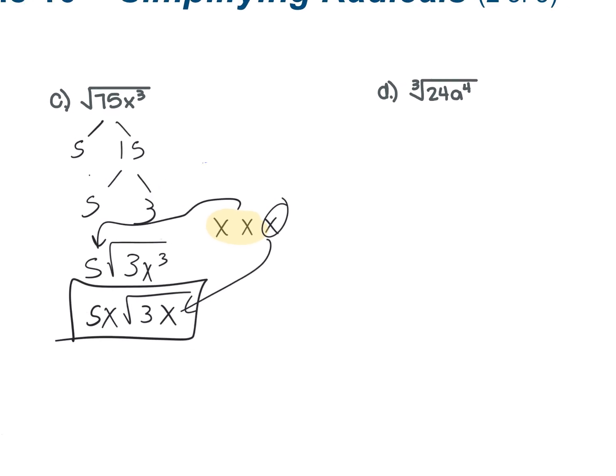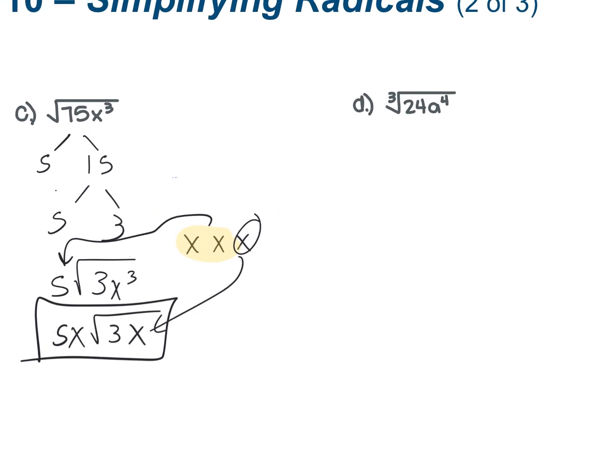Now, for D, we're looking for the cube root of 24a to the 4th power. So I can go ahead and I'm going to start with 2 again. 2 and 12, 2 and 6, 2 and 3. Again, because the index is 3, I want 3 of the same. So take out that 2. So it's going to be 2, and then the cube root of 3a to the 4th.